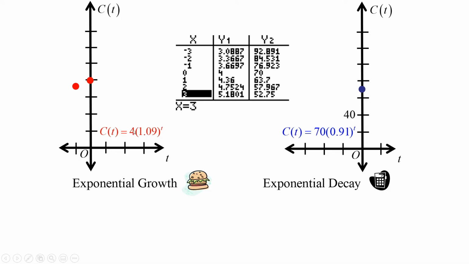At 1, I'm at 4.36, about right there. And then at 2, I'm at 4.7524, that's going to be about right in there. And then at 3, I am up here at 5.1801.